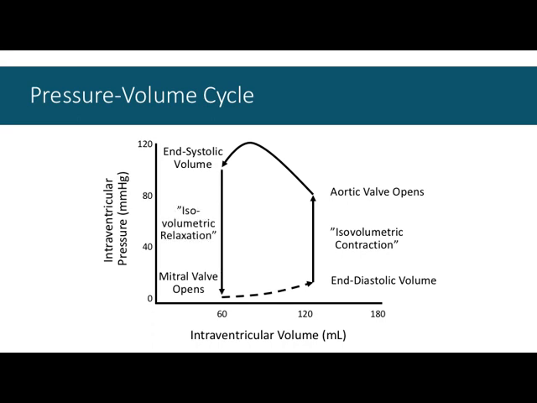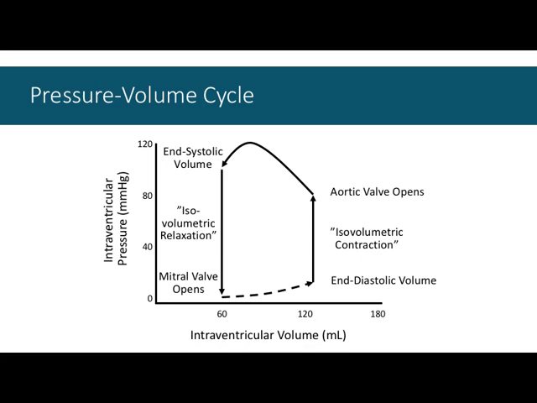At the end of systole, relaxation occurs. Pressure in the ventricle is now less than in the aorta, and so the aortic valve closes. There's no change in flow or volume. The muscle is simply relaxing, tension is dissipating, pressure is falling.